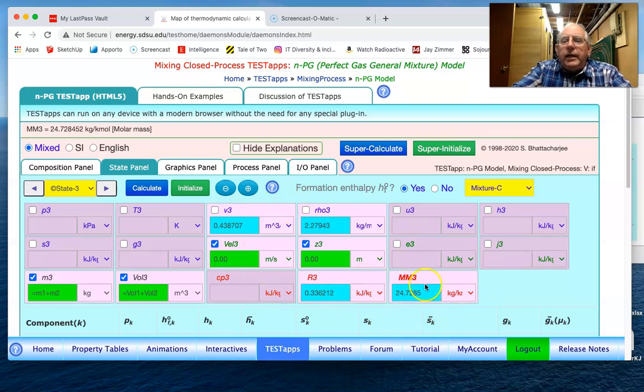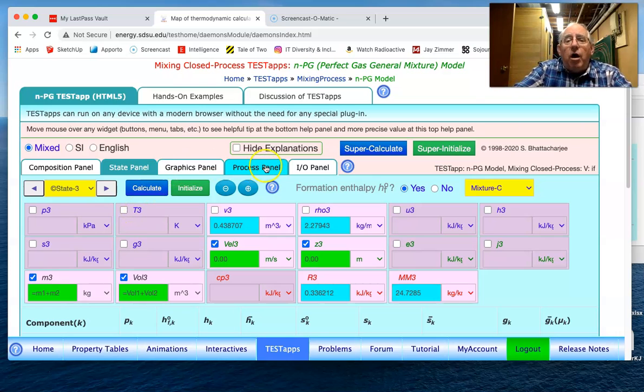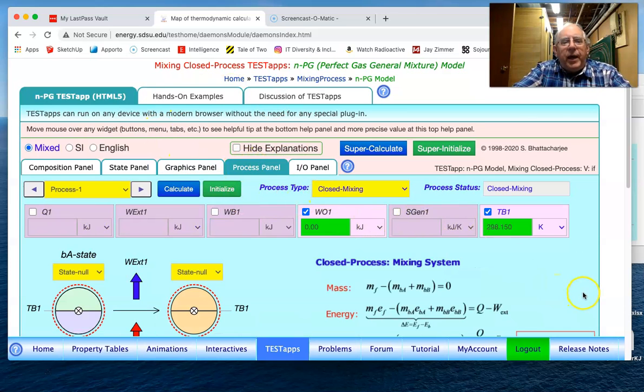However, it did calculate the molecular weights, but it hasn't calculated the pressure and the temperature, because we still have to tell the software what the process was, and was there any heat transfer, and was there any work. And so now we're ready to go to the process panel.